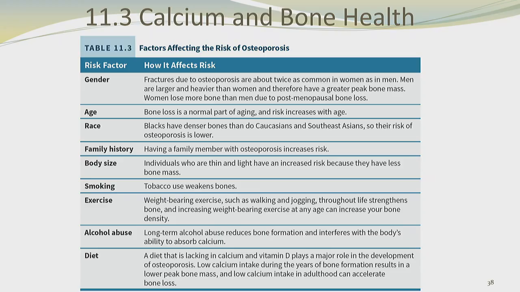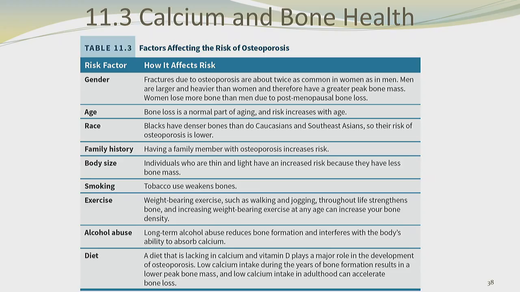Another one that can be modified is physical activity, such as exercise, which strengthens the bones and promotes the uptake of minerals. We have alcohol, which interferes with absorption of calcium, increasing risk for osteoporosis. And then diets that are low in calcium and vitamin D can contribute to bone loss over a lifetime. Also, dietary intake is modifiable, and so changes can be made with that.